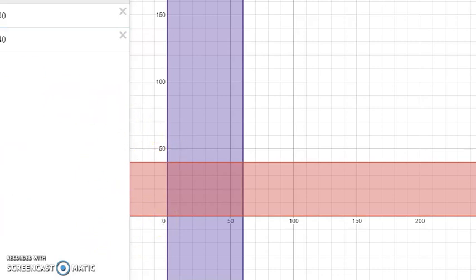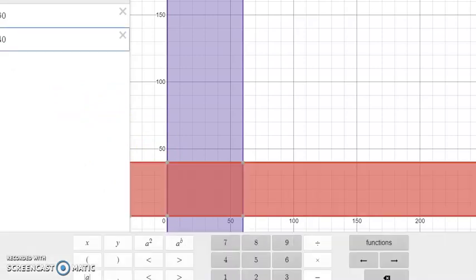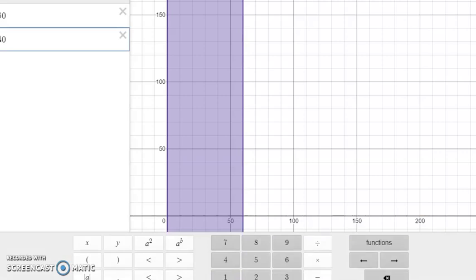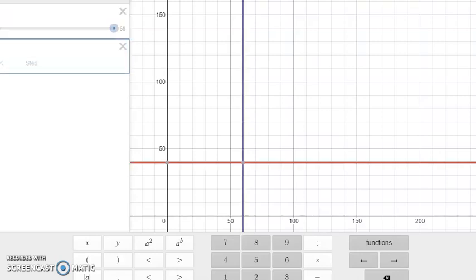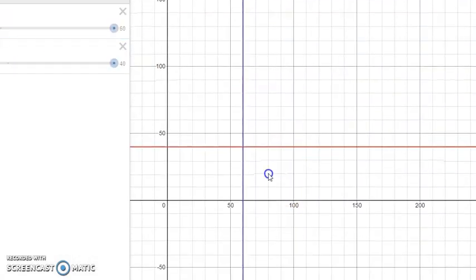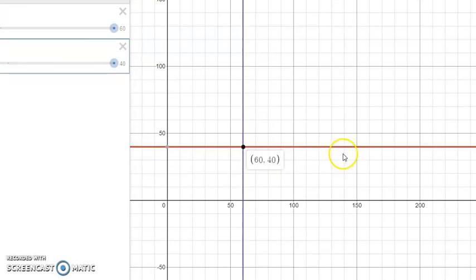And remember that these are whole numbers, so we're going to shade them using our points, okay? So I got rid of the shade.